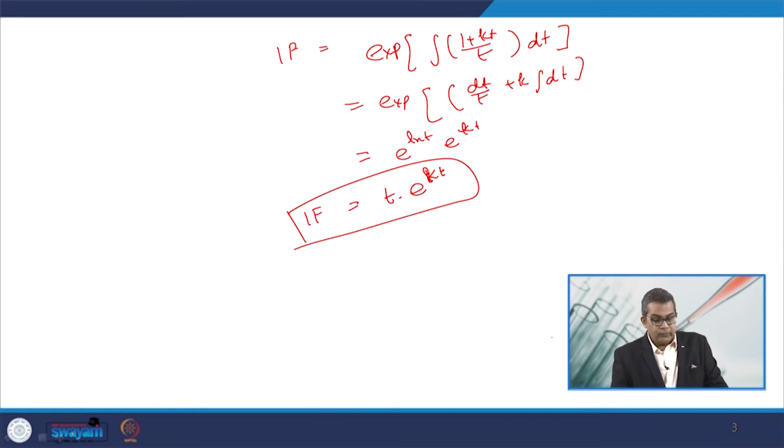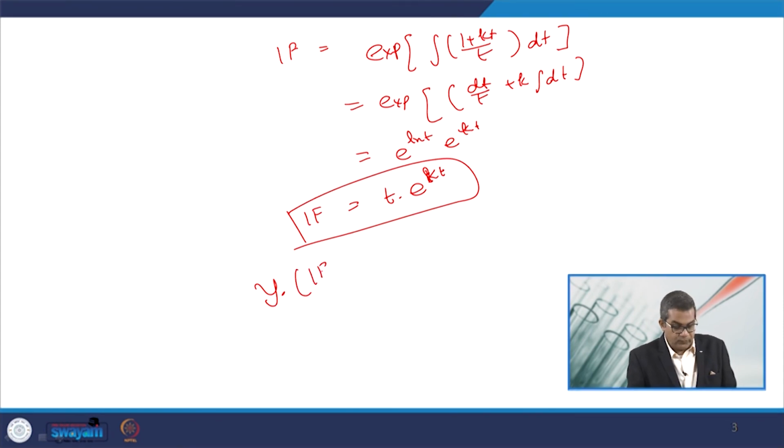Now if we talk about the solution of equation number 1, which we developed previously, y into the integrating factor is equal to the integral of Q times the integrating factor dx plus a constant.